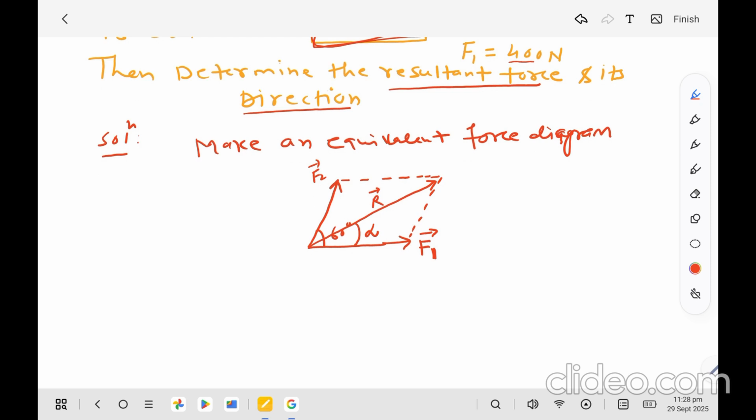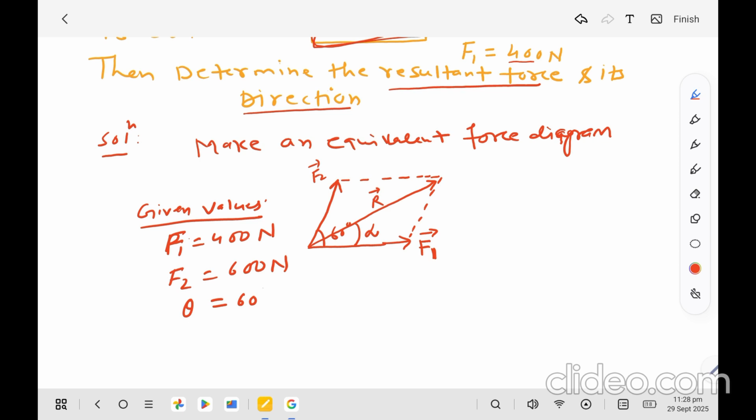So now let's first check what is given. You can make a table here. F1 is given, unit is Newton. F2 is given. Theta, the angle between F1 and F2, is given.